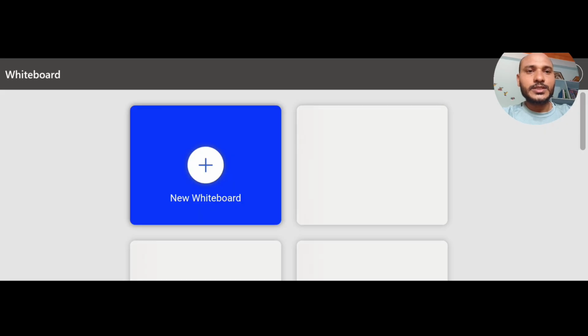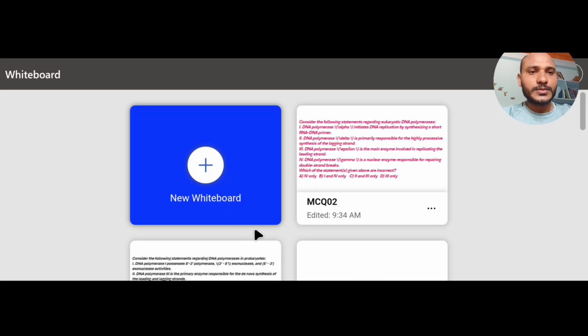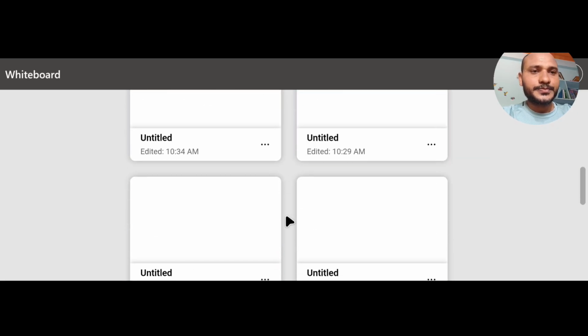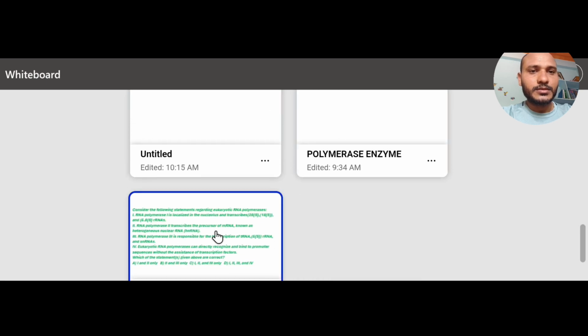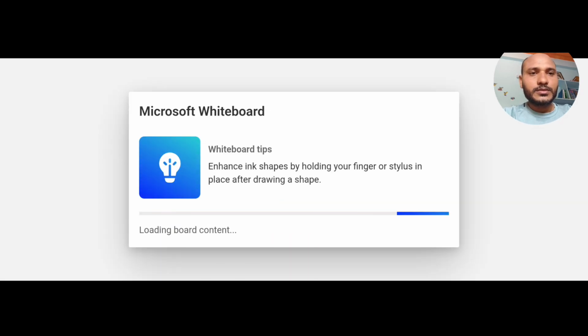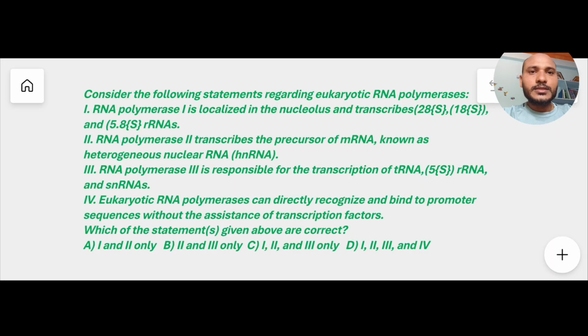One more MCQ. Consider the following statements regarding eukaryotic RNA polymerase. The keyword is eukaryotic, and we are asking about RNA polymerase.